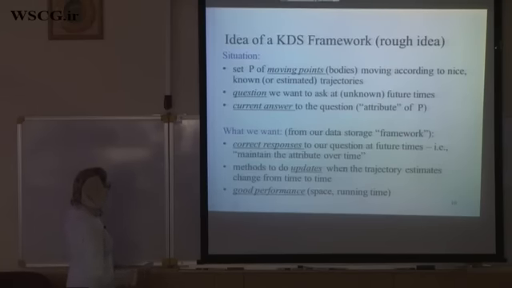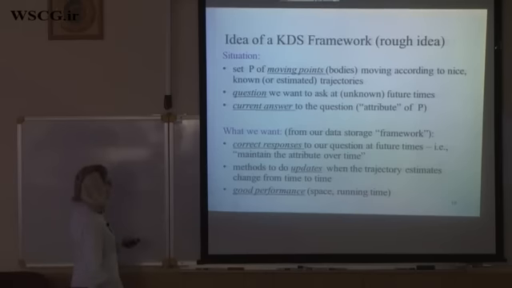So as the points move, the correct answer to this question is going to change. The pair of points that are closest together is going to change as the points move around. We want to be prepared to answer that. So one approach to doing this is just start from scratch. Every time you want to answer the question, see where the points are and solve the problem right then.